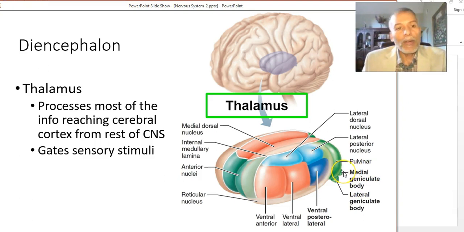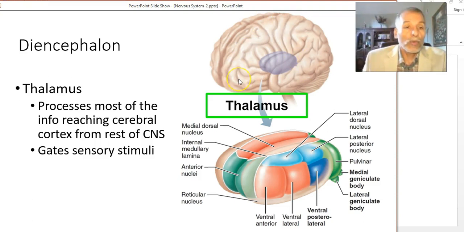And it can amplify signals when these signals are compromised. It can amplify more than 50 times. So it plays a major role in processing information before that information reaches the cerebral cortex. Here's the cerebral cortex, all of these convoluted structures.